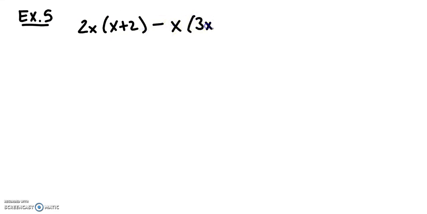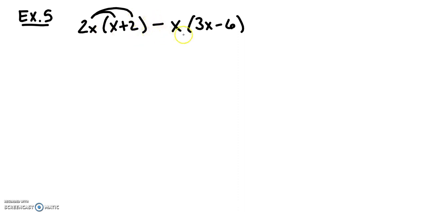And let's look at another example, example 5. And we have 2x times the quantity x plus 2 minus x times the quantity 3x minus 6. So here we have 2 different pieces, and we only are going to distribute what little term here is being multiplied by this parenthesis.